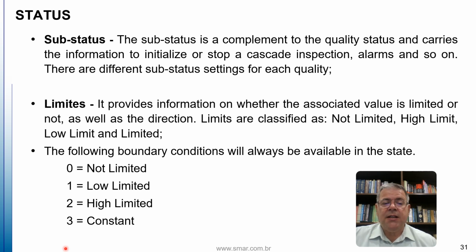The substatus contributes to the information of the status. There are limits too, where we have some kind of limit related to the signal. For example, 0 is unlimited, then low limit, high limit, or the value is constant.